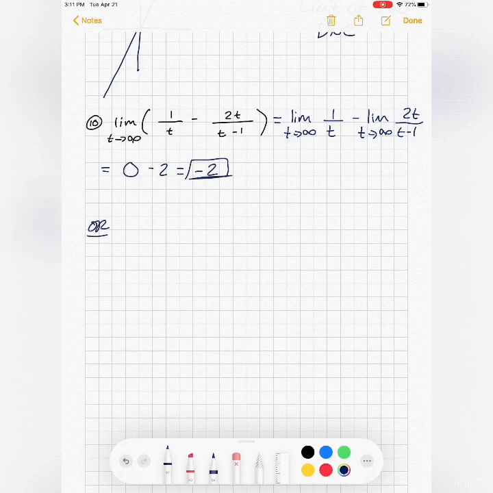Okay, or I could try an LCD. So let's see, I guess I'd multiply by t minus 1 and then by t.